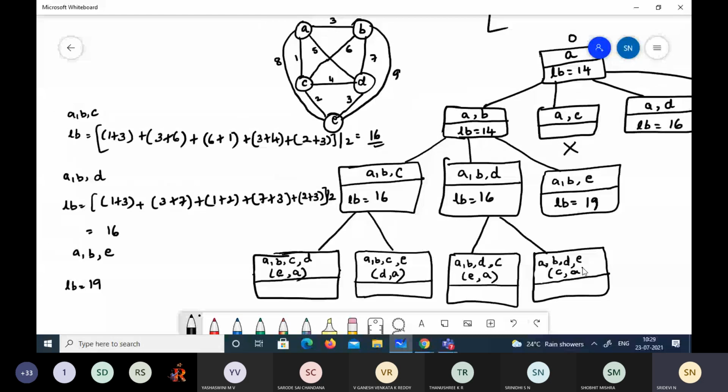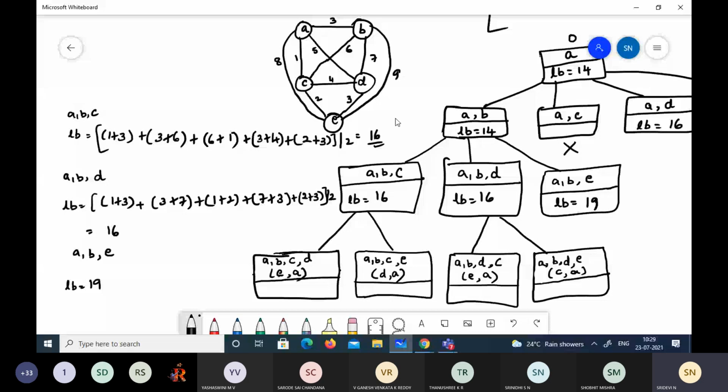So these are the cycles I have. So I have these options. I can go A, B, C, D, E and A, or A, B, C, E, D, A, or else if I take this path, A, B, D, C, E, A, or A, B, D, E, C, A. So these are the 4 Hamiltonian cycles I have.